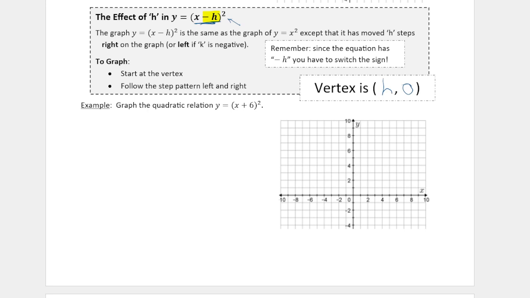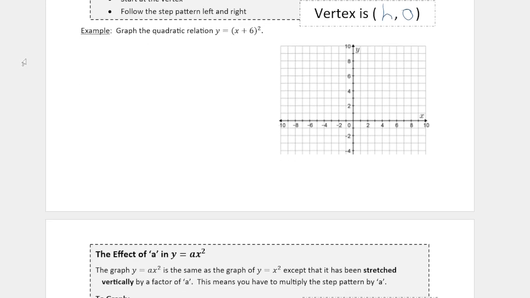So let's graph one: y = (x + 6)². I'm going to do my base one again, just to show what's going on. Use my step pattern to graph my 3 points on each side. Draw a nice smooth curve through all of them.